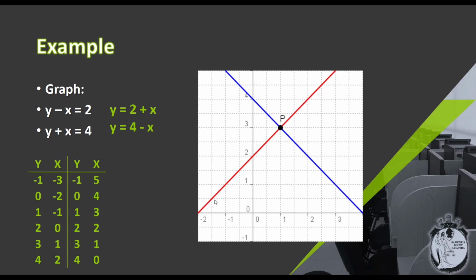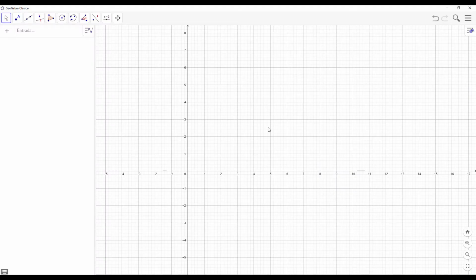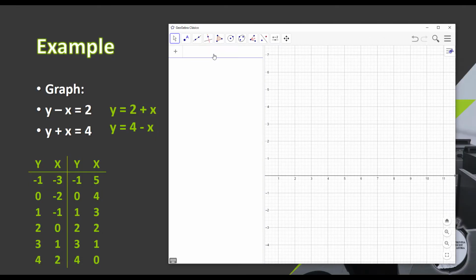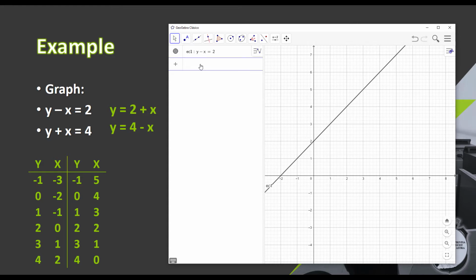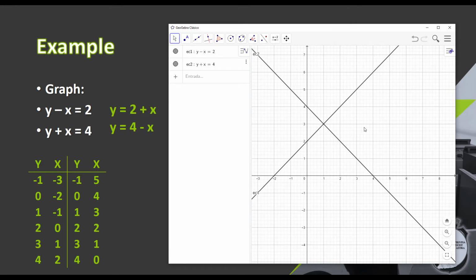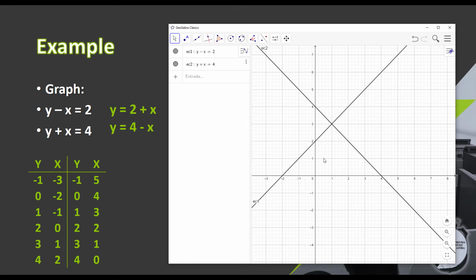Now we will use GeoGebra for that. We have y less x equals 2, and y plus x equals 4. This is the graph of those equations.